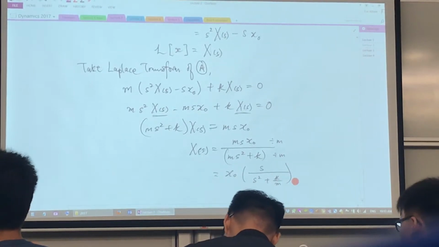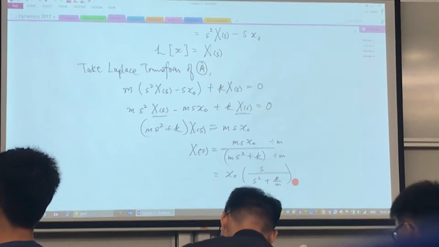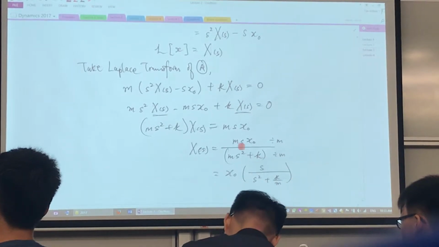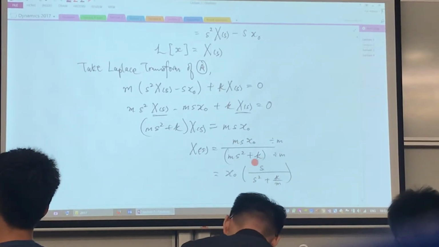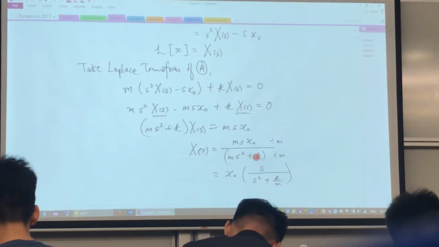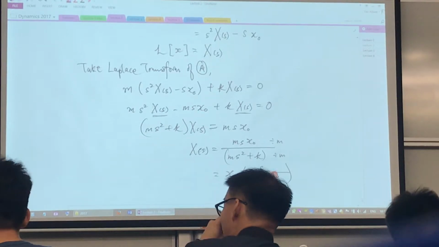But then k over m can. So you can see a few steps. I divide the numerator and denominator by m, so that this m will be gone, and this k will be divided by m. Yes. Got the answer already.